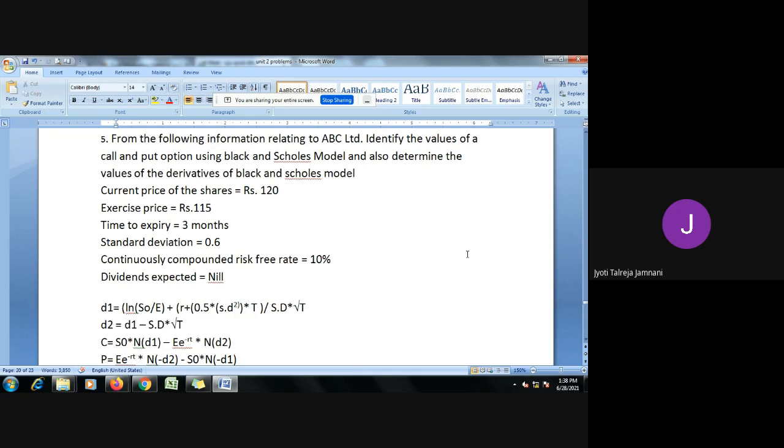The very first thing that we need to find is the value of D1. So here we have all the information. We'll put it in the formula of D1 and find the value of D1. This is the formula for D1. D1 is equal to natural log of S naught divided by E. S naught is 120 divided by E is 115, plus R. R is nothing but the rate of return.